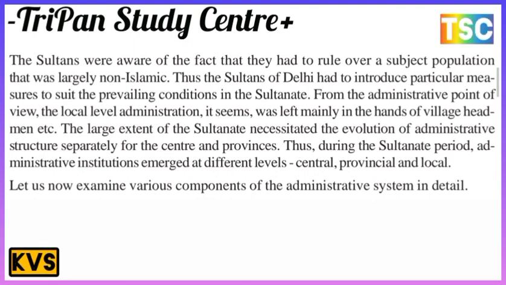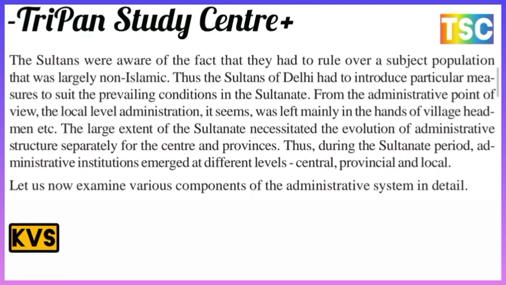The sultans were aware that they had to rule over a population that was largely non-Islamic. Thus, the Sultans of Delhi had to introduce particular measures to suit the prevailing conditions.